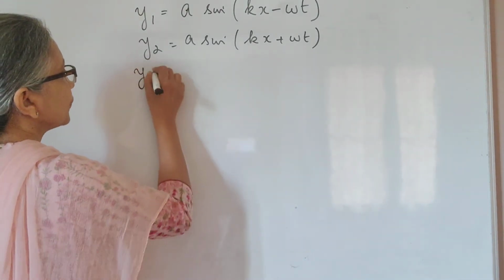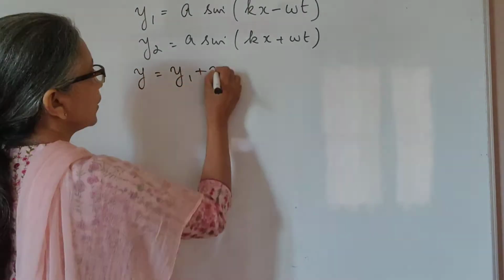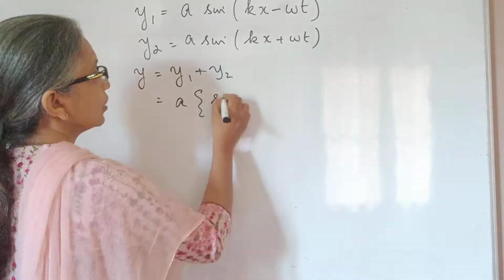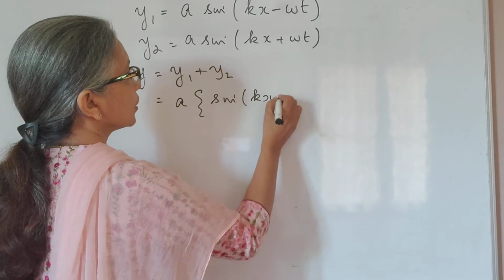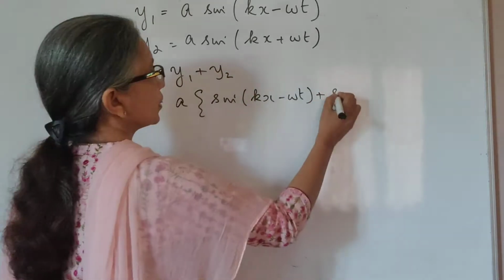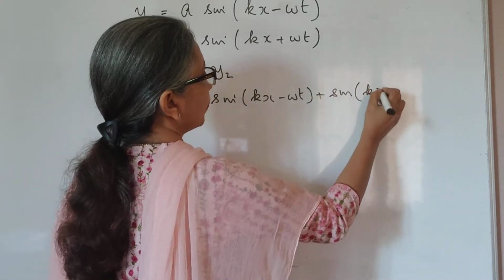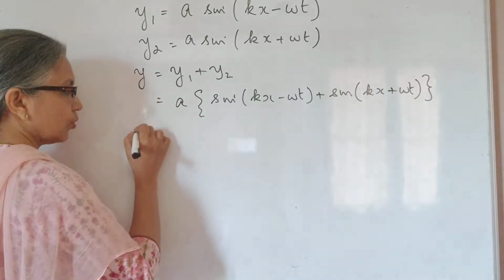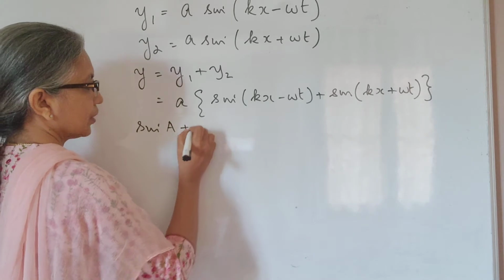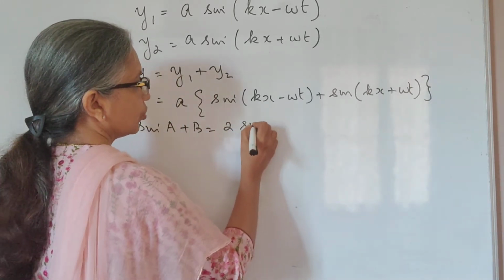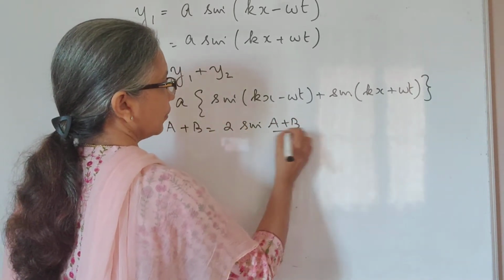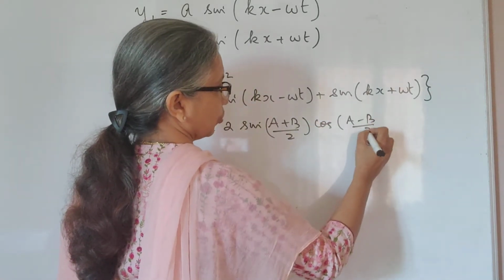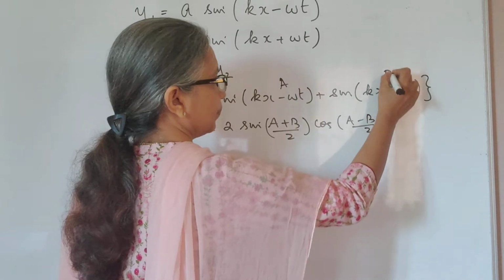Now the superposition principle says y equals y1 plus y2. And like before, we have a common a outside, sine(kx minus omega t) plus sine(kx plus omega t). Using the identity as before, sine a plus sine b equals 2 sine((a plus b)/2) cos((a minus b)/2). I'm going to use this as a and this as b.